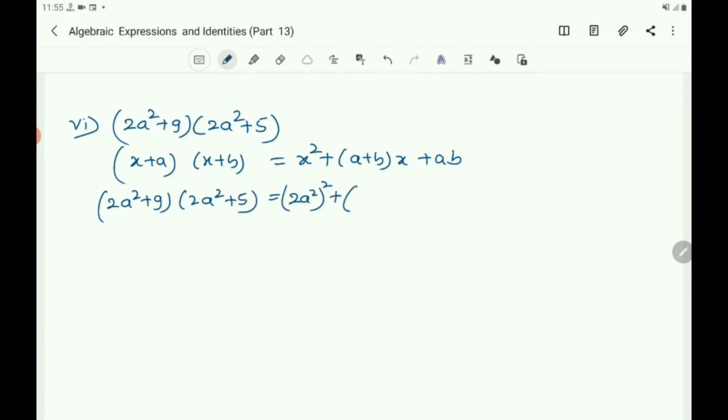Then you write 2a square plus 9 into 2a square plus 5 equals x square is 2a square whole square, plus 9 plus 5. A plus b is 9 plus 5. X is 2a square, plus ab is 9 into 5.